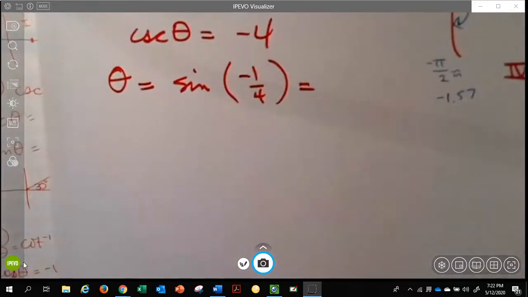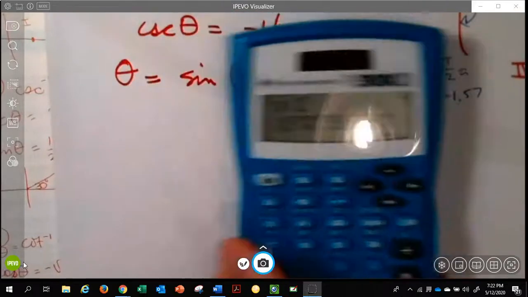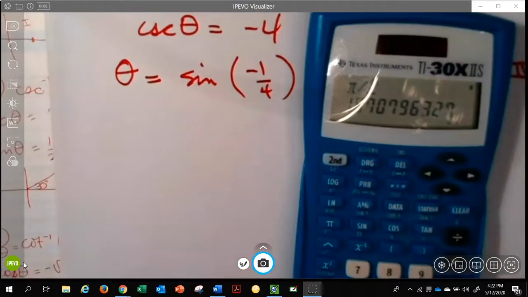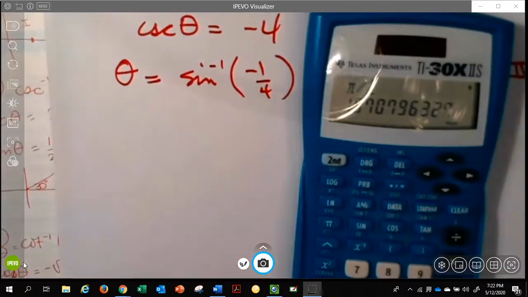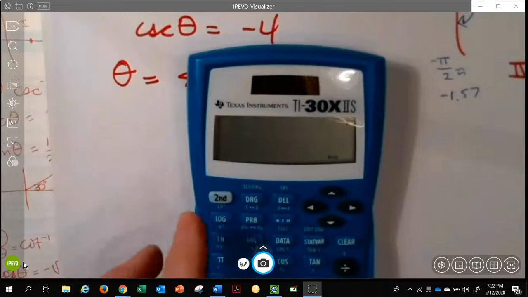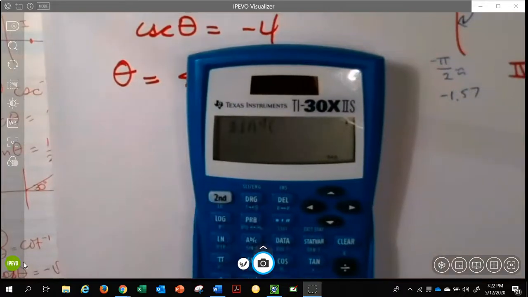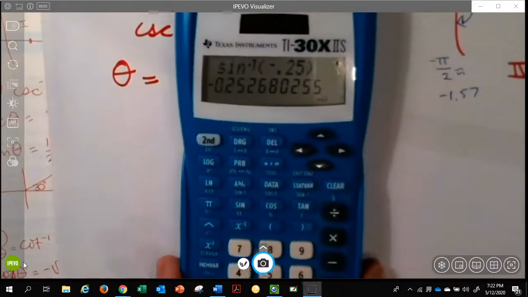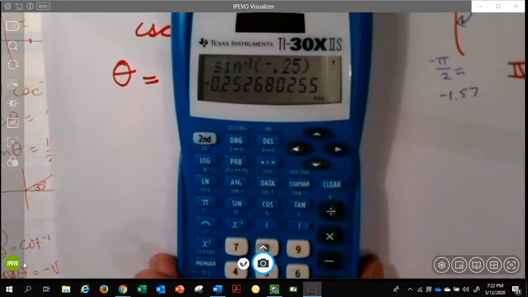Grabbing a calculator, I'm looking to do the inverse sine of this -1/4. Inverse sine of -1/4, and when I hit equal, I get a negative, that's weird, 0.25.